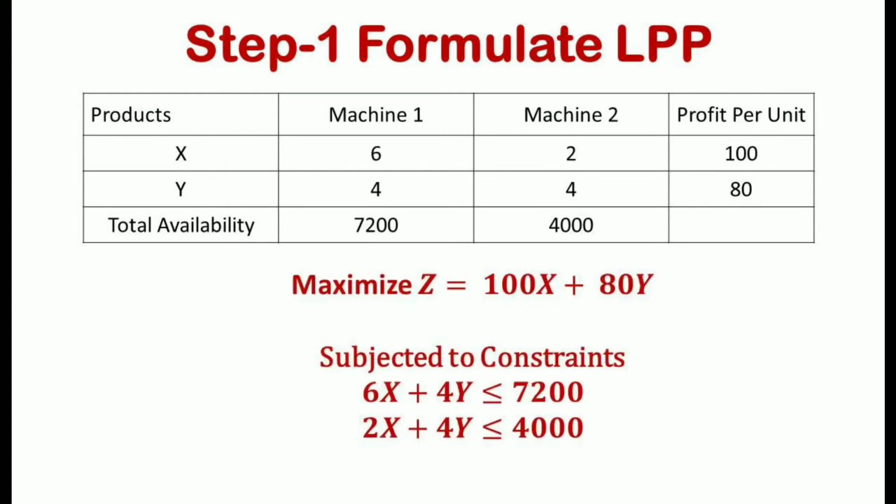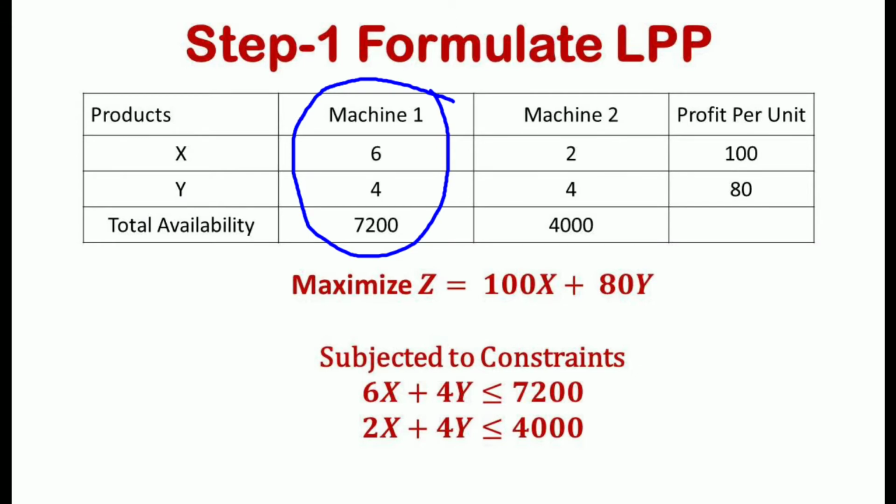The next one is restrictions or limitations on the decision variables, which are generally considered as constraints. In our example, the constraints are the available time of machine 1 and machine 2. But see here, the availability of hours under machine 1 and machine 2 is very limited. As per our example, each unit of product X requires 6 hours of machine 1 and Y requires 4 hours of machine 1.